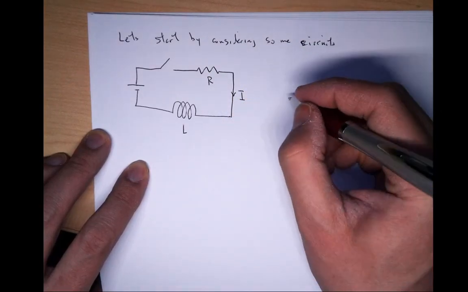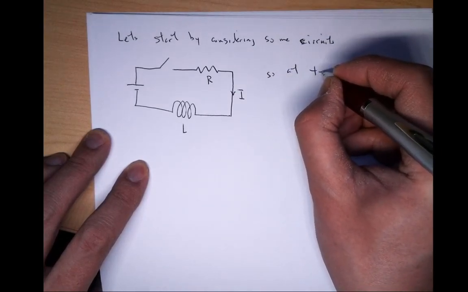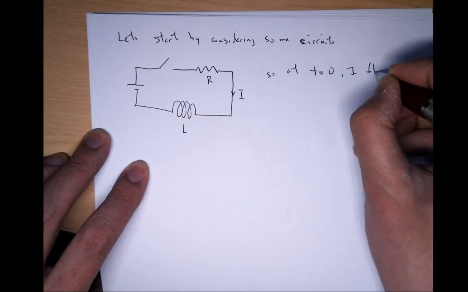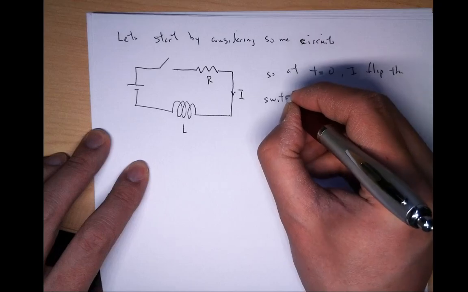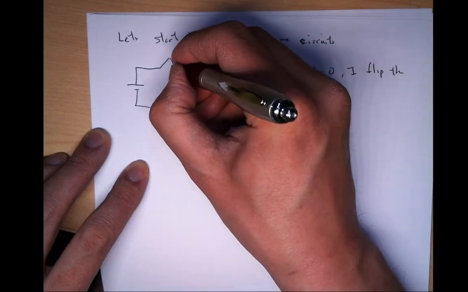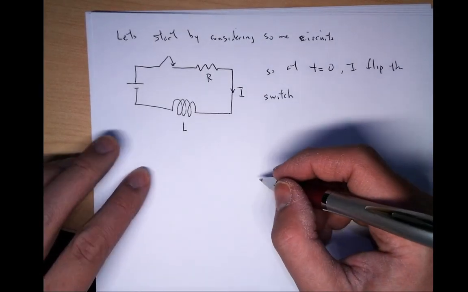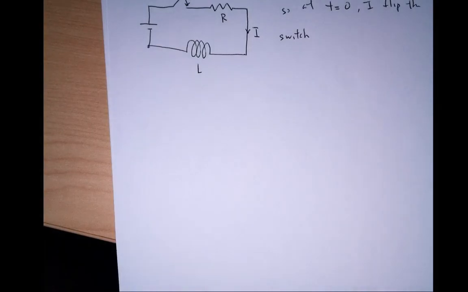Okay? So at t equals 0, I flip the switch. So this thing comes down, completes the circuit, right? And now basically I have to figure out what this looks like. Okay, so let's go around the circuit. We're going to use Kirchhoff's law.